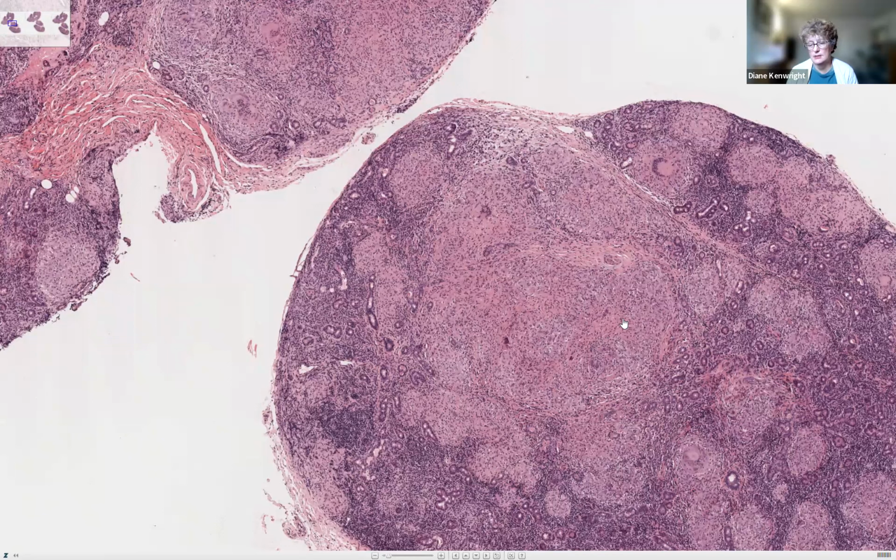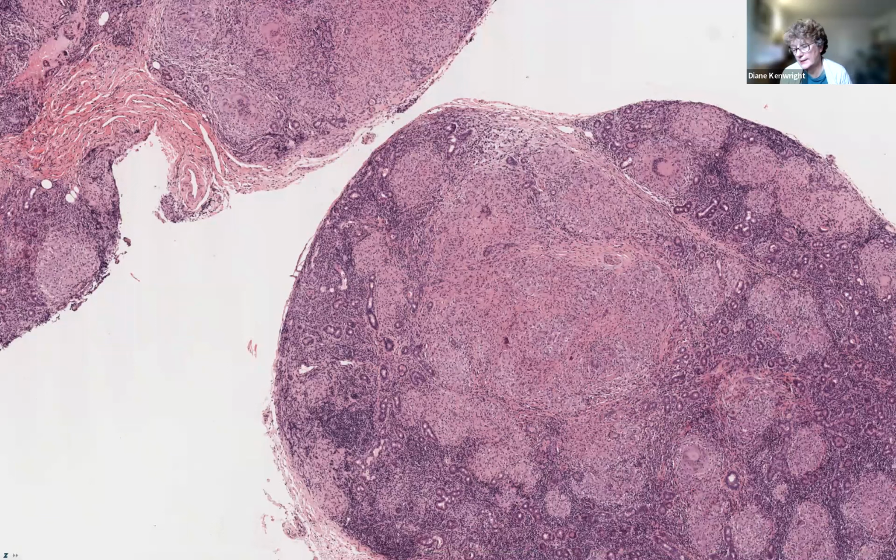So the clinical differential diagnosis would in particular be things like lymphoma and Sjogren's syndrome. And the pathological differential diagnosis would be other things that cause granulomatous inflammation.